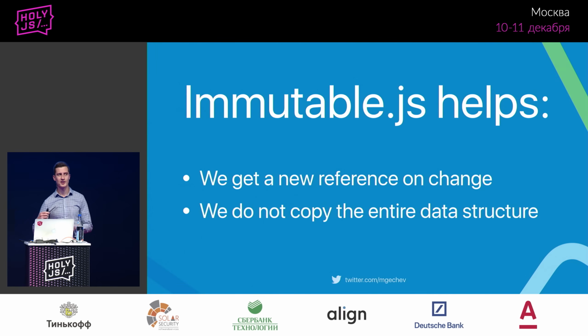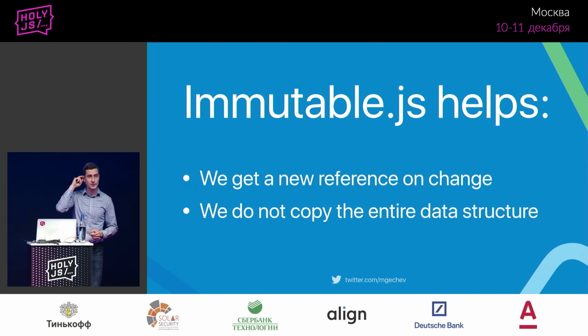We can just, by invoking an operation which intends to mutate them, get a new reference to the data structure with the modification already applied. And second of all, we're not going to copy the entire data structure, because we are only going to apply some structural sharing inside. So the new instance of the data structure is going to reuse as much as possible from the original instance.